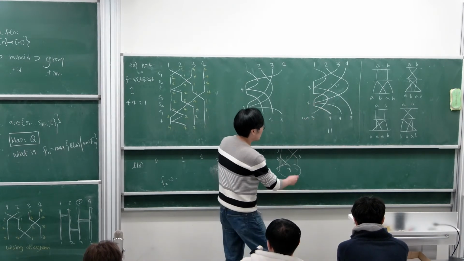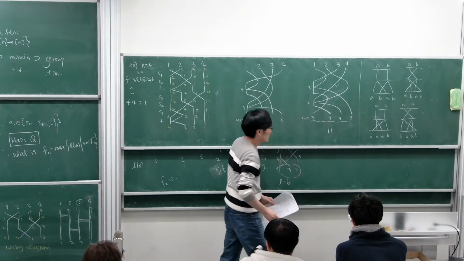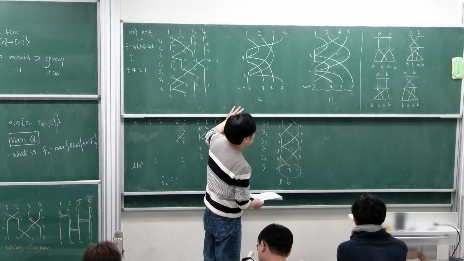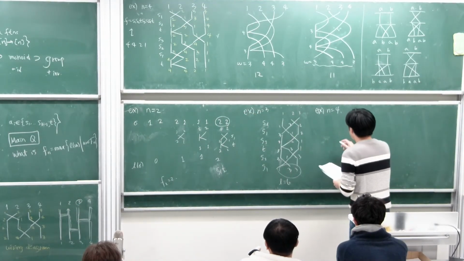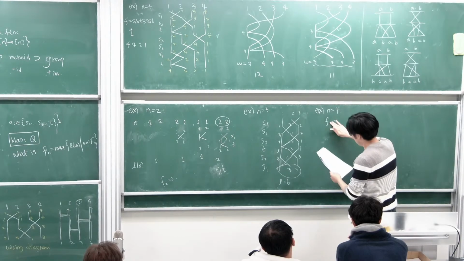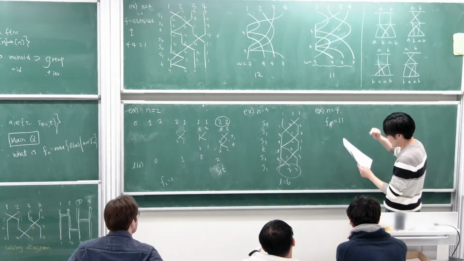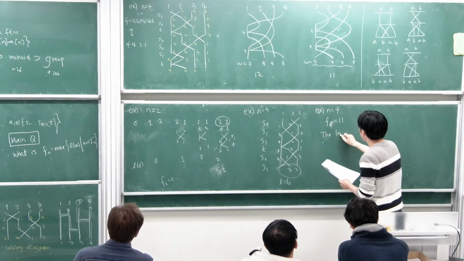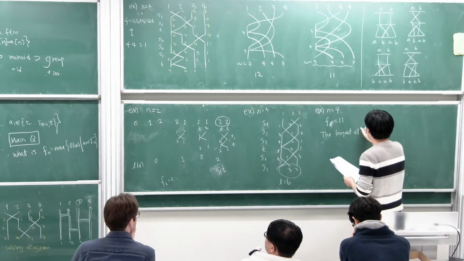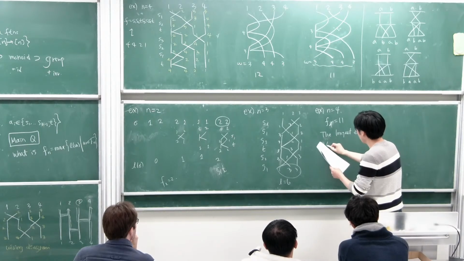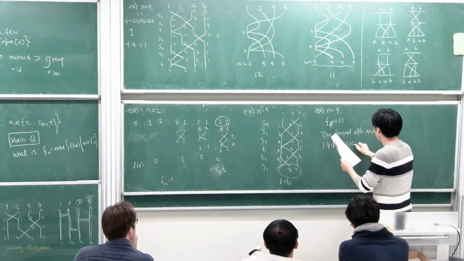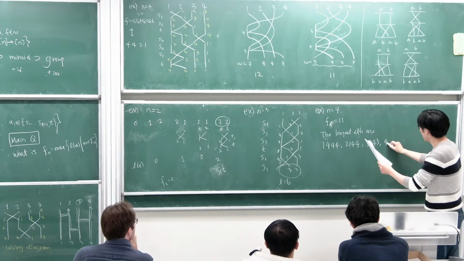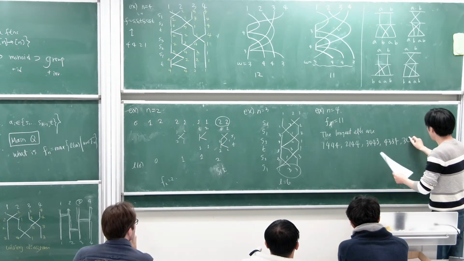So in this case, this is a longest element, but this is not the only one. For n equals 4, F4 is 11, but there are 5 longest elements: 1, 4, 4, 4, 2, 1, 4, 4, 3, 4, 4, 1, and 4, 3, 3, 4, 3, 4, 3, 4.